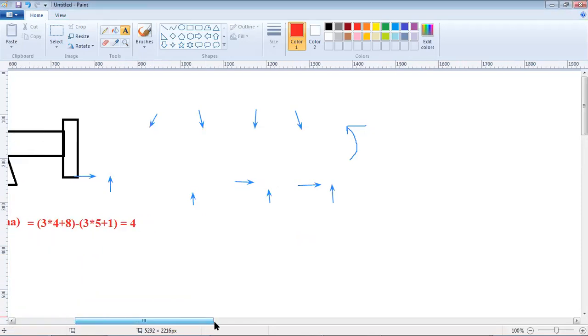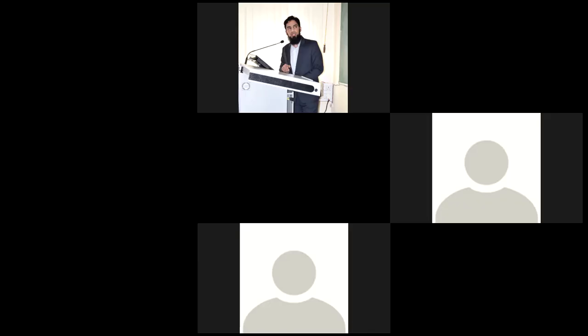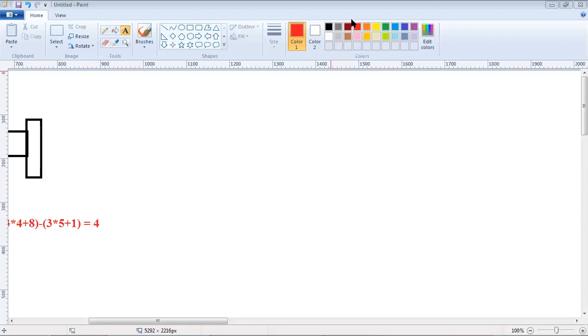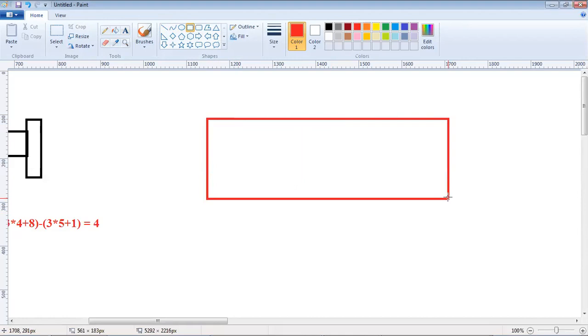So next, let's take an example of a truss. We did one of the trusses in the last lecture. Let's take another example of a truss.